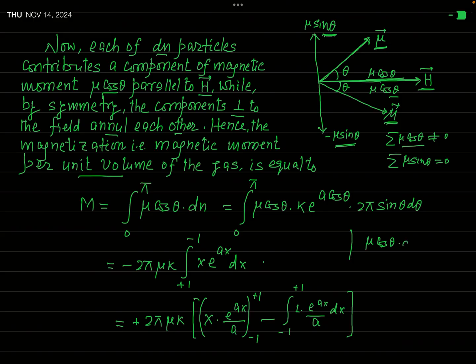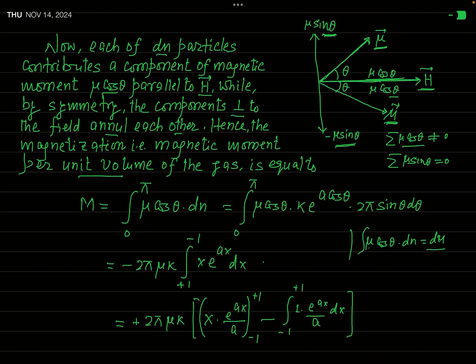And there are dn molecules, so the total magnetic moment of dn molecules will be μ cos θ into dn, and actually that is equal to dM, because dn is the number of molecules in unit volume, and magnetic moment per unit volume is magnetization. So this is the elementary magnetization dM.